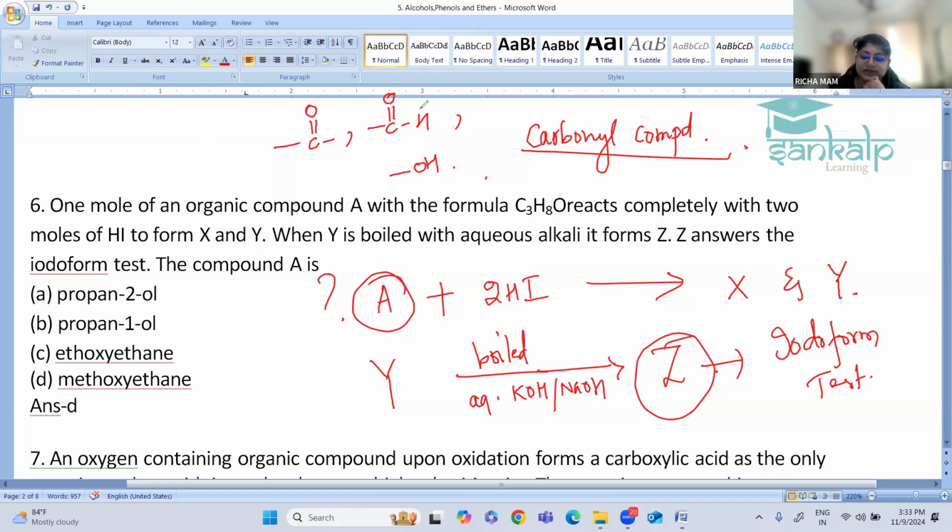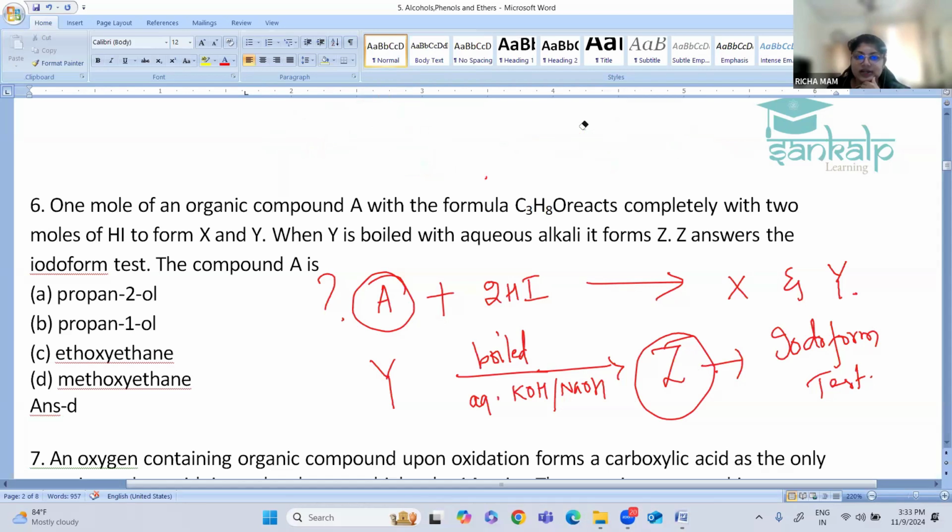So what is the reaction? Let me clear here. How is the iodoform test done? I'll show you. One will be your methyl ketone.